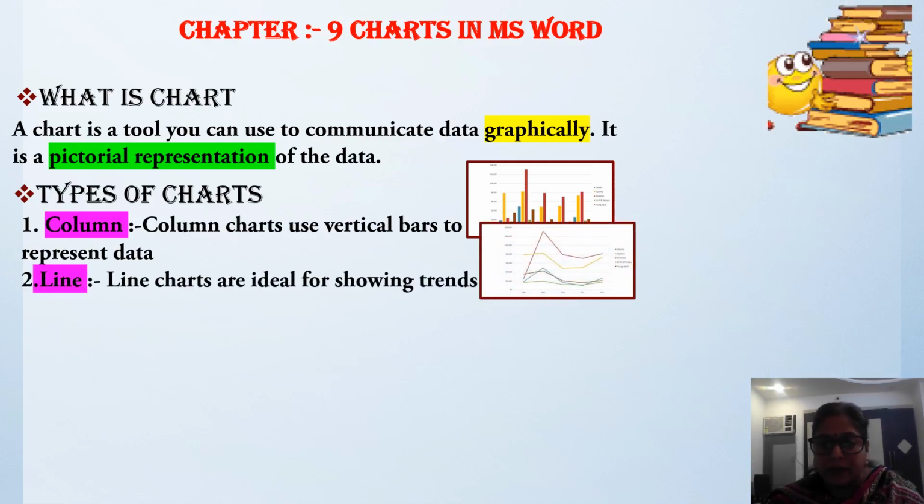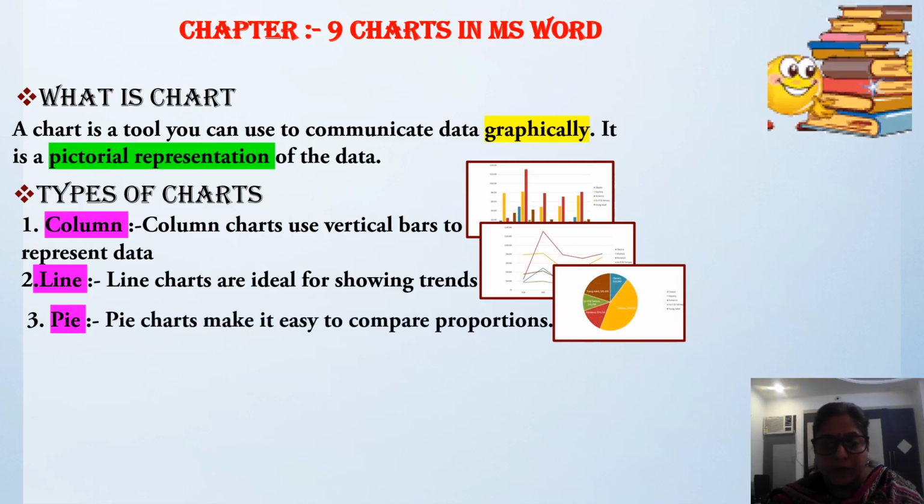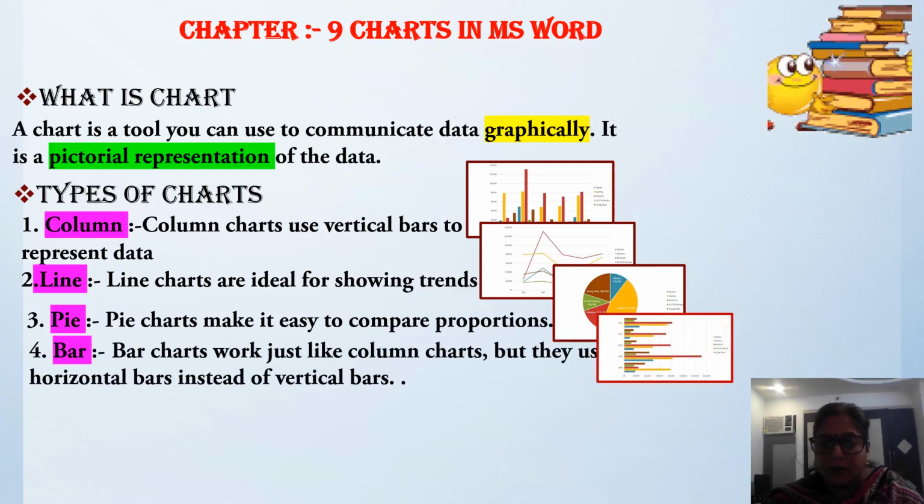Then line. Line charts are ideal for showing trends. Then pie chart. Pie chart makes it easy to compare proportions. It is showing the proportion, means percentage. Then bar chart. Bar charts work just like column charts, but they use horizontal bars instead of vertical bars. It is the same as a column chart.